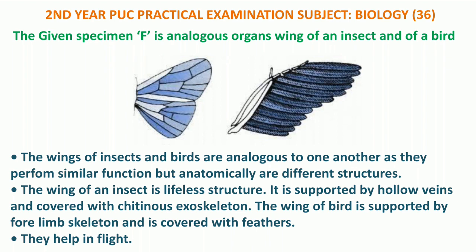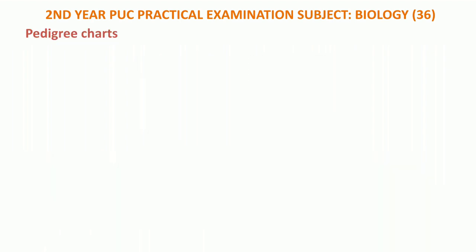The wings of insects are a lifeless structure supported by hollow veins and covered with chitinous exoskeleton. The wings of birds are supported by forelimb skeleton and covered with feathers. So both are useful for flight. These are the points you have to write as the answer. No need to draw the diagram.